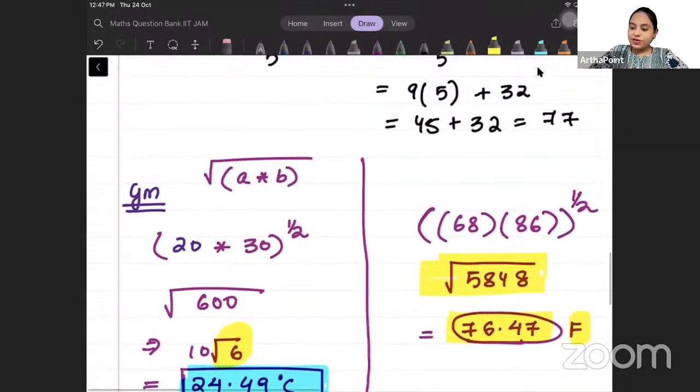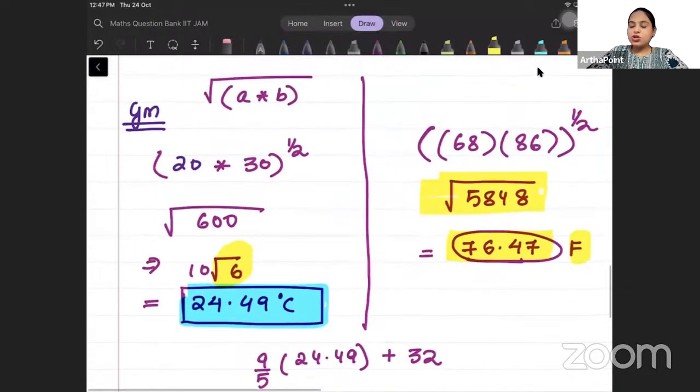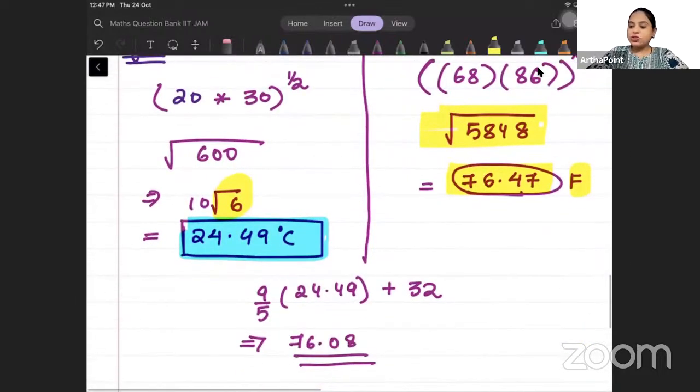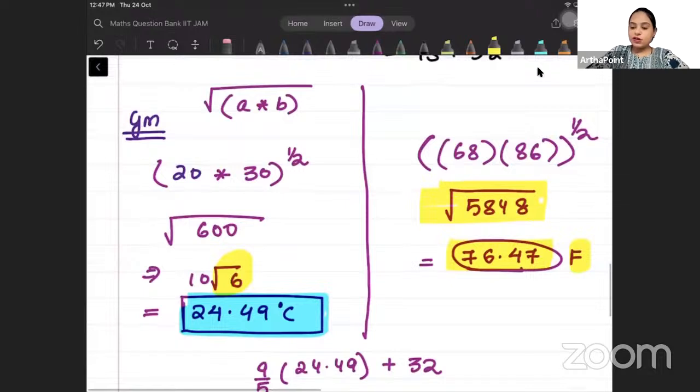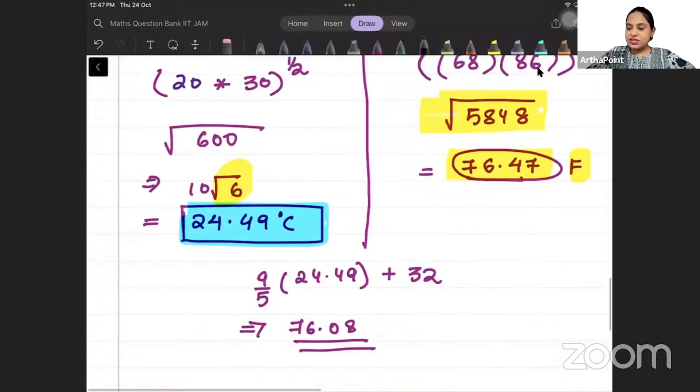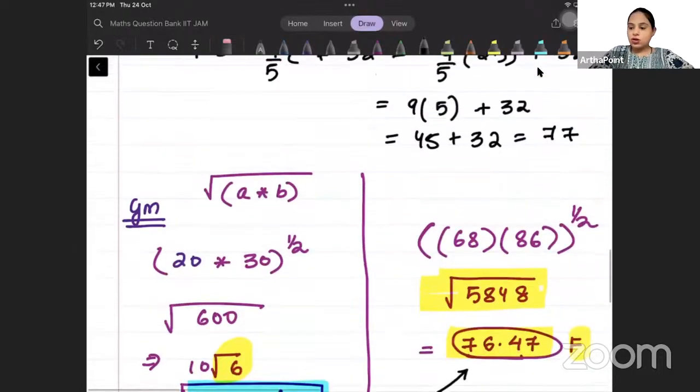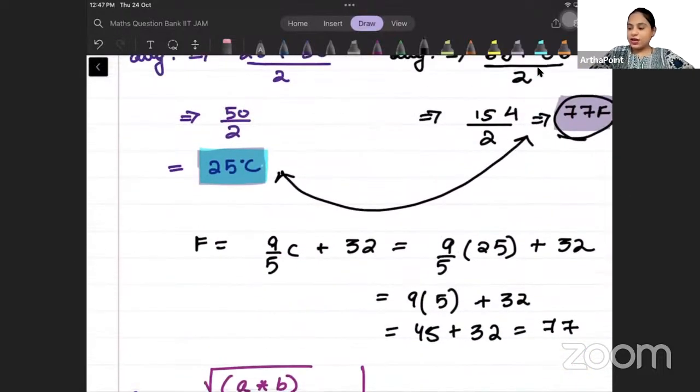So that is the first aspect when we try to do it via conversion. When I try to convert the Celsius into Fahrenheit using the same formula, we get approximately the same answer here also. And here definitely we are able to get exactly the same answer using the conversion part.